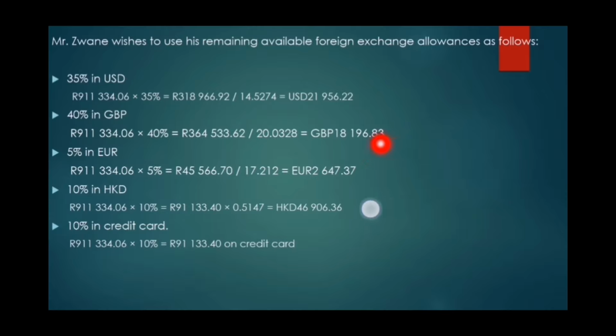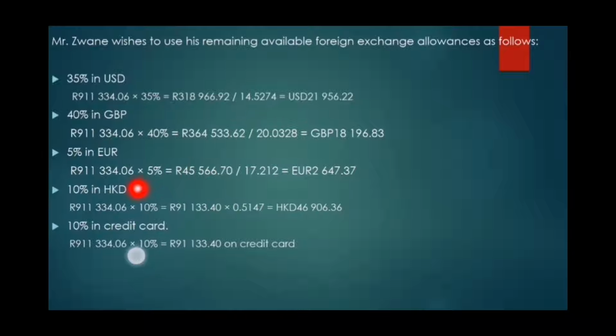He now also wants 5% of that amount in euros. 5% of 911,000 is 45,000 rand, and then divided by the ROE gives us 2,647 euros.